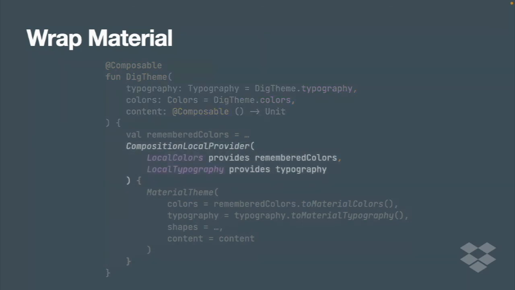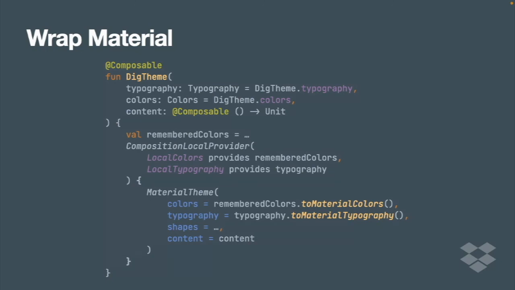We set up our own composition local providers, and we wrap the Material theme. However, we pass to the Material theme our translation of whatever was given to us. We pass that down, and then pass the content along as well. And that is, by and large, our entire theme composable.